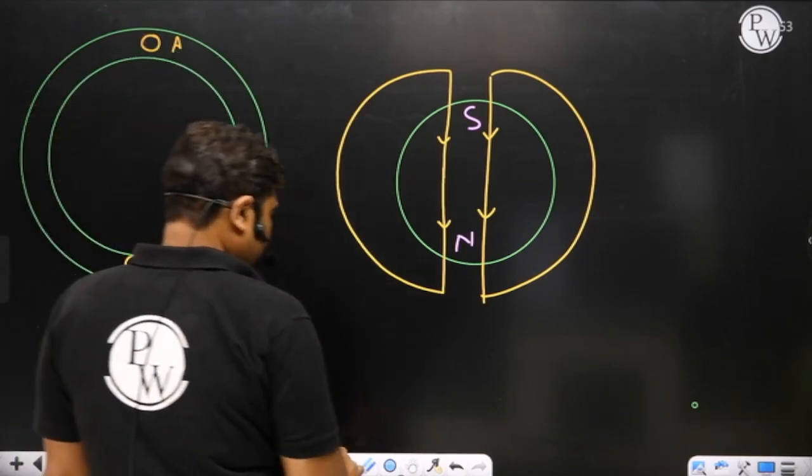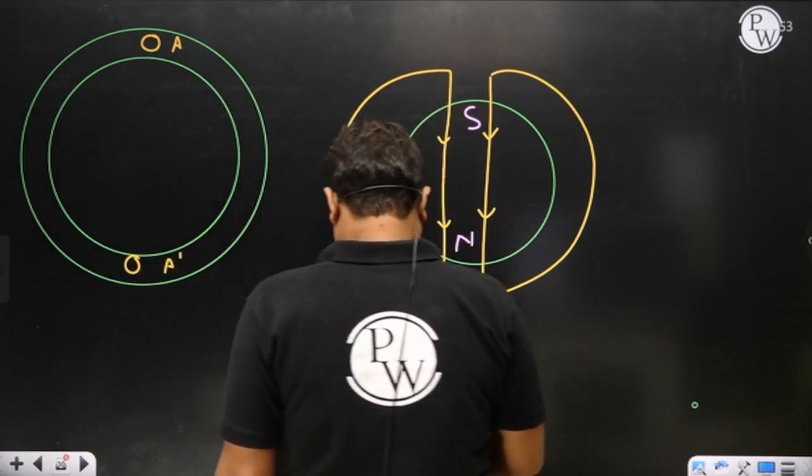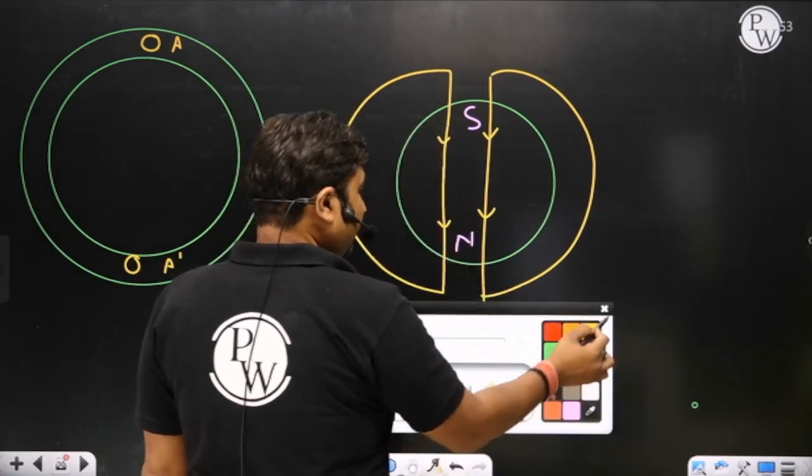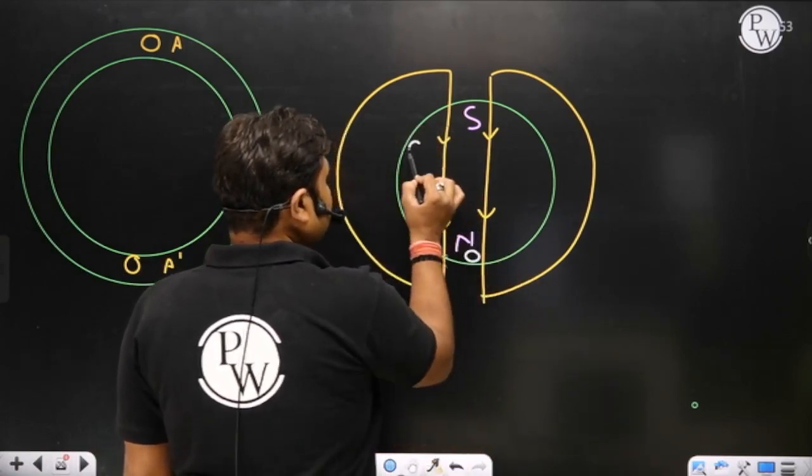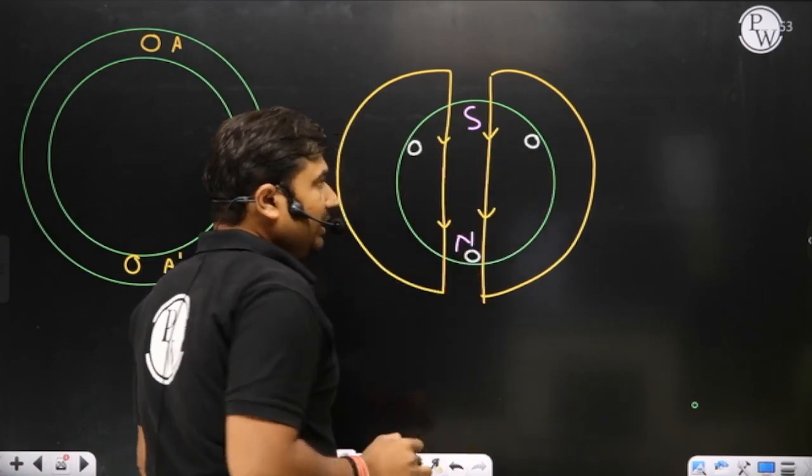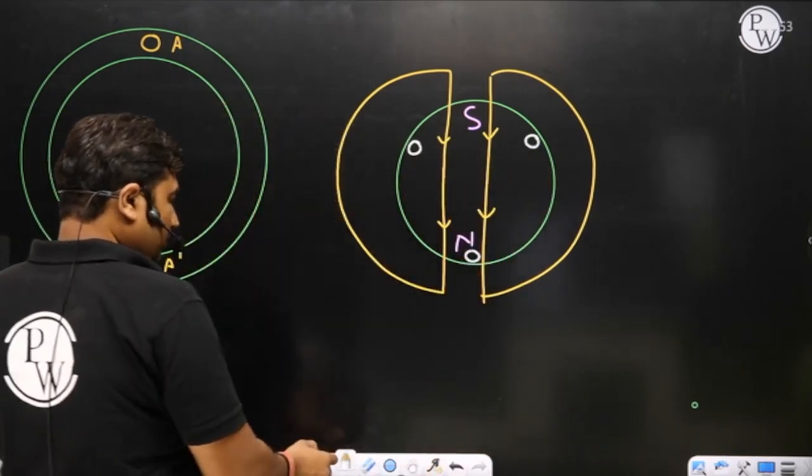Please observe here. When a three-phase supply is given to the rotor, then there will be a rotating magnetic field on the rotor.